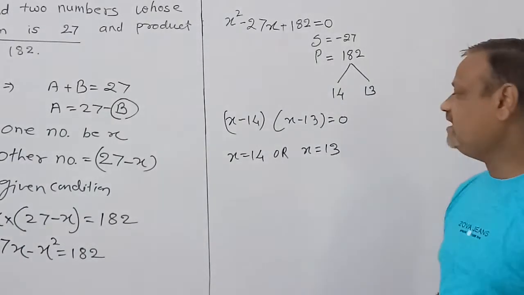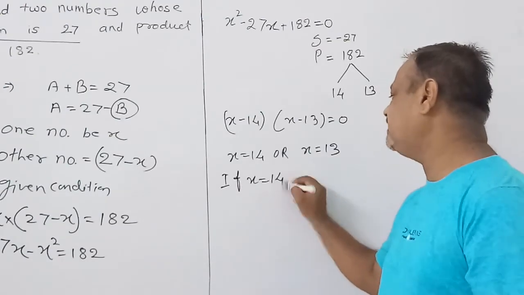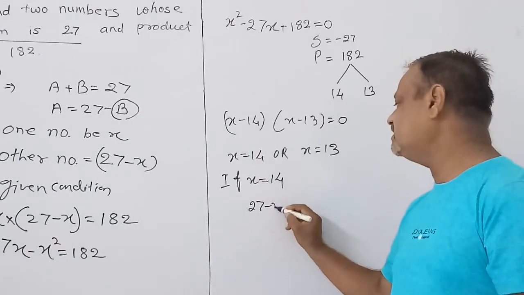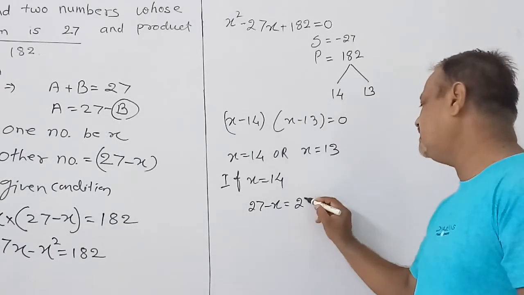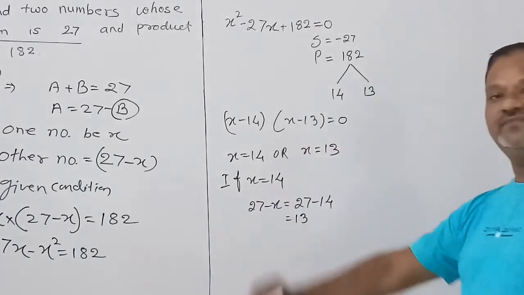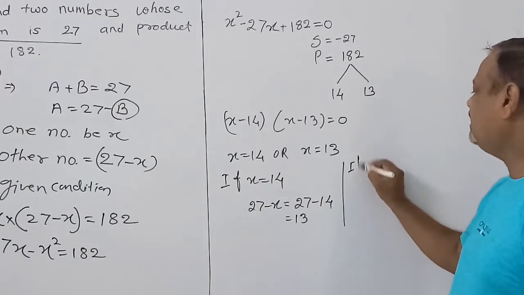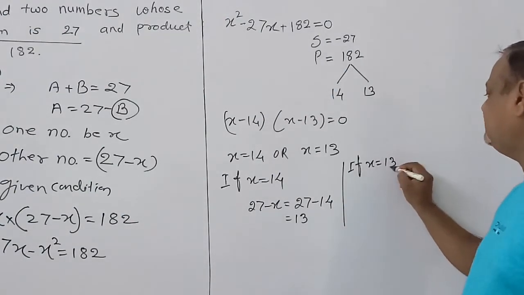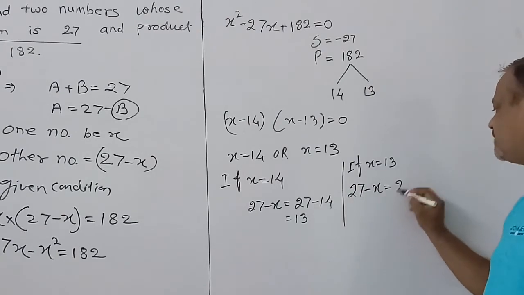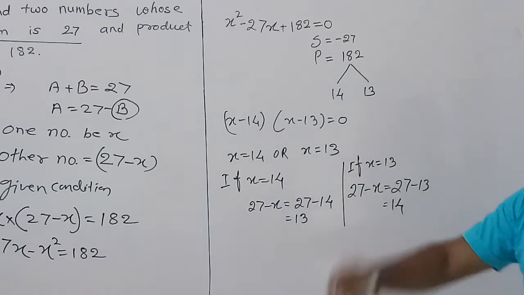Got it? Now if I consider x is equal to 14, we get 27 minus x, that is 27 minus 14, which is equal to 13. We got this. Now if I consider the second value, if x is equal to 13, then 27 minus x, that is 27 minus 13, is equal to what will we get? 14.